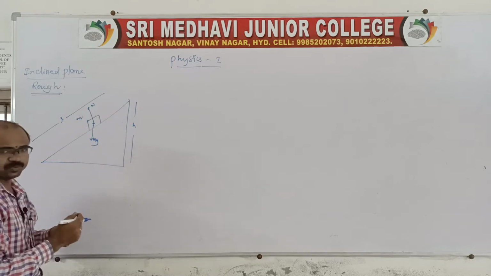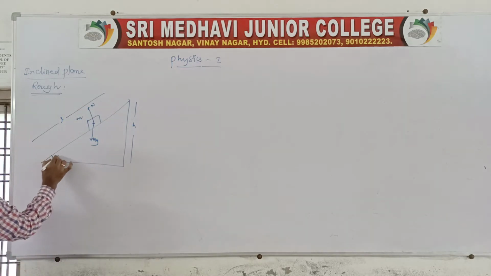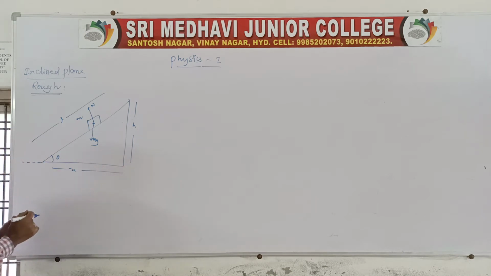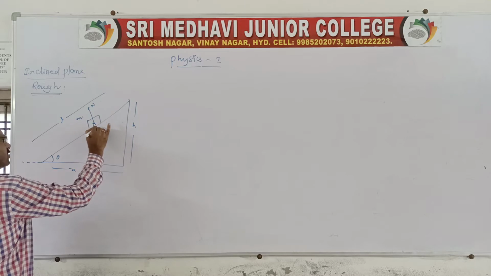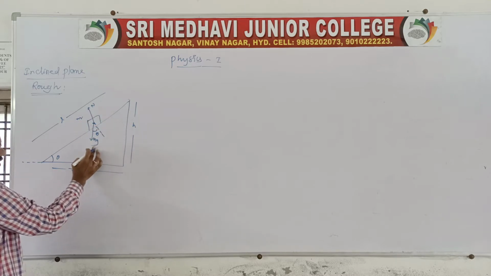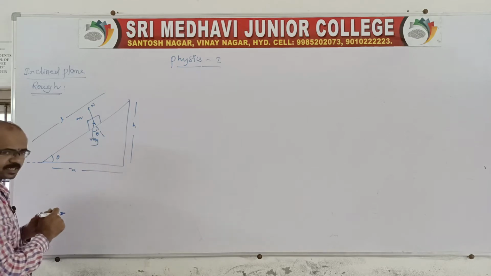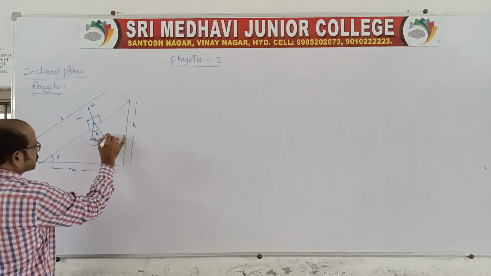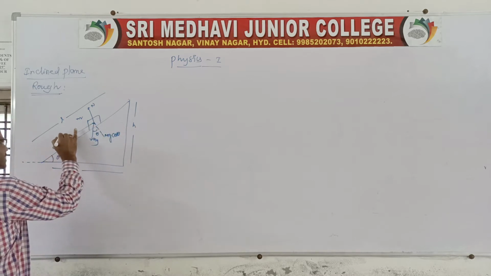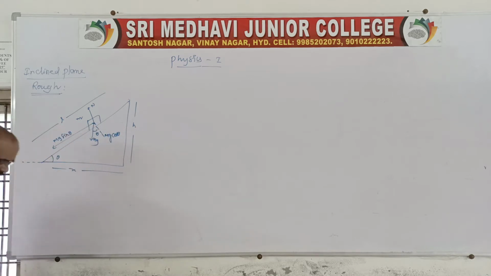The incline is making an angle theta, and the length of the horizontal is x. The normal is extended, therefore it makes an angle theta, and mg is making an angle theta. Now mg can be resolved into two components: mg cos theta, and mg sin theta, which is downward like this.